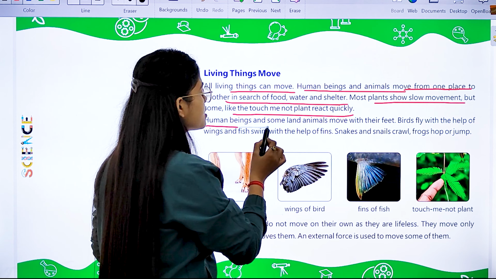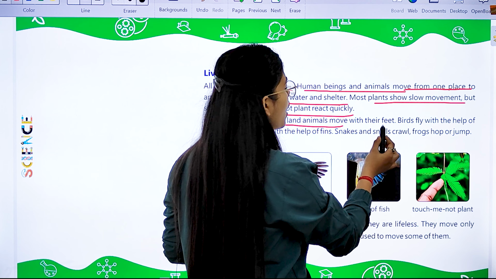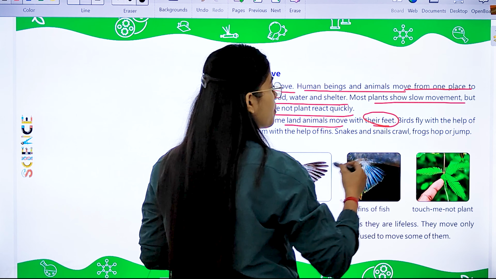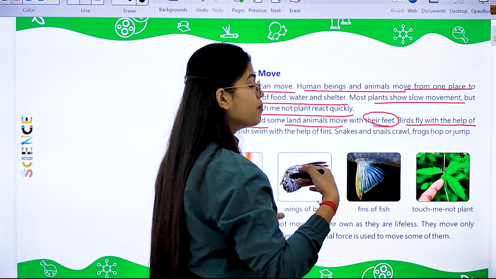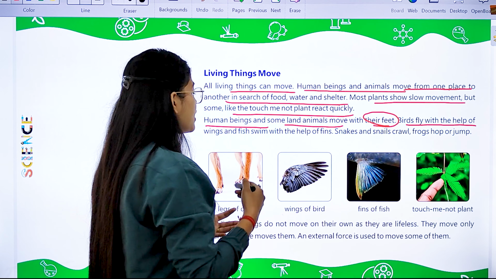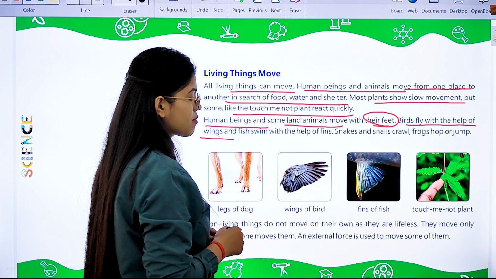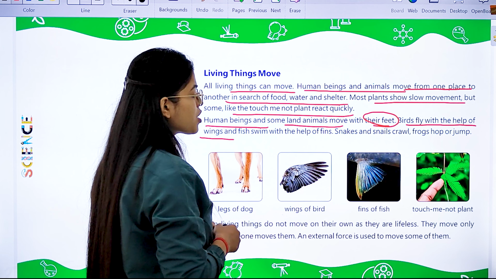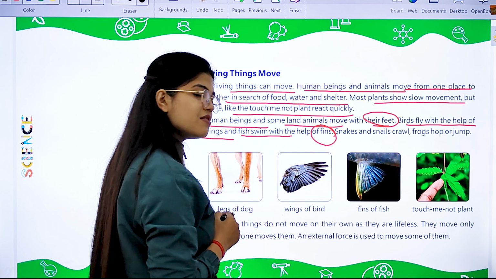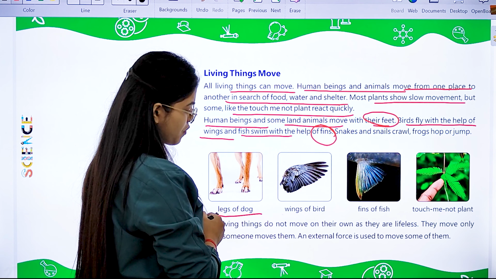Then human beings and some land animals, how do they move? They move with their feet. Birds move, and their movement is known as flying. And how do they fly? They fly with the help of wings. Similarly, fish swim in the water with the help of their fins. You can see these are the legs of a dog.